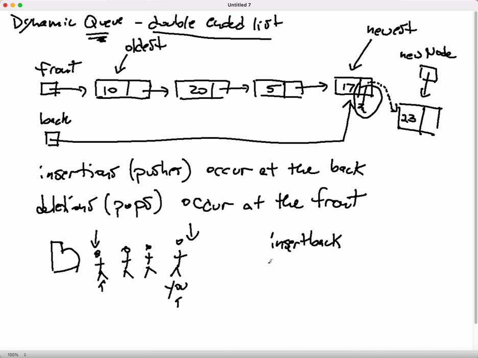So I would say back.setNext to new node. So that now has changed this to that. And then I need to change what back is.